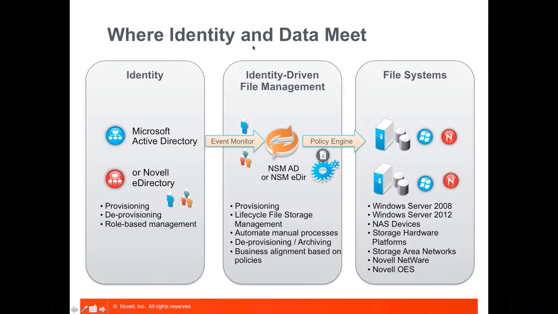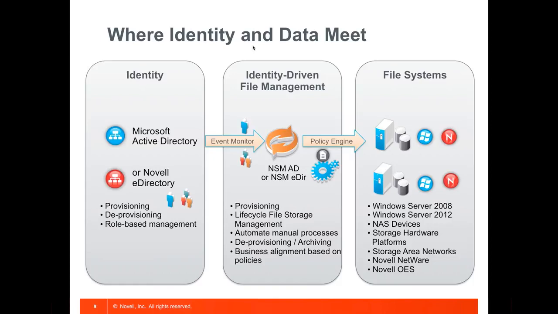So in the identity system, usually the heart of the vault is either Microsoft Active Directory or Novell directory, or in some cases it's both, right? So at the heart of any identity solution, you're going to have at least one of these two directories, or in some cases, I say both of them. This is where we choose to provision users, we provision their roles, we assign departmental access, and we can also do deep provisioning.